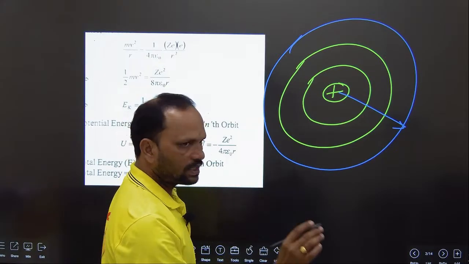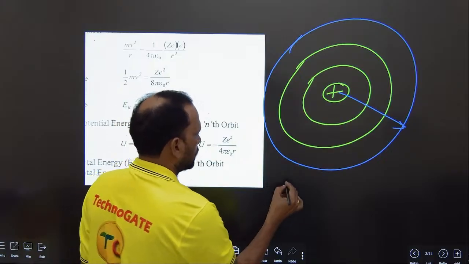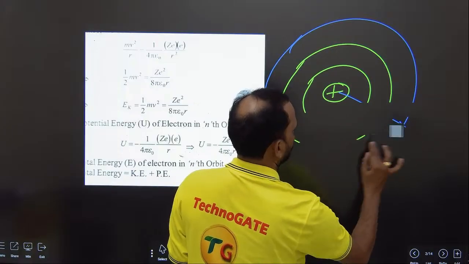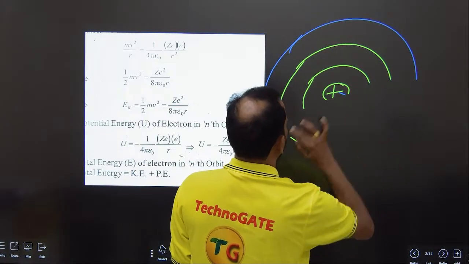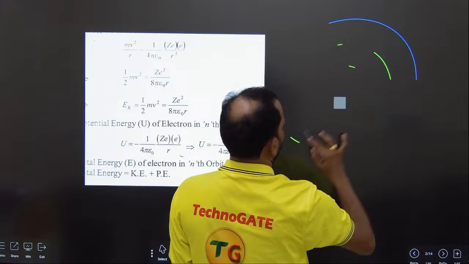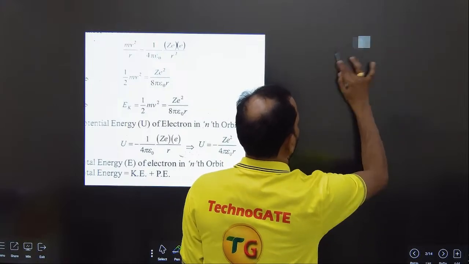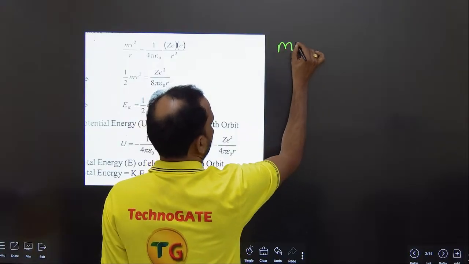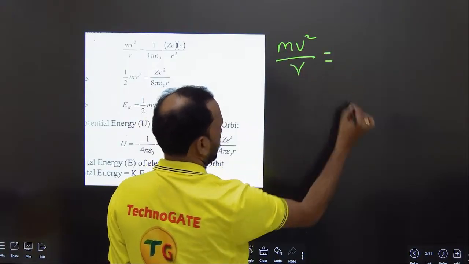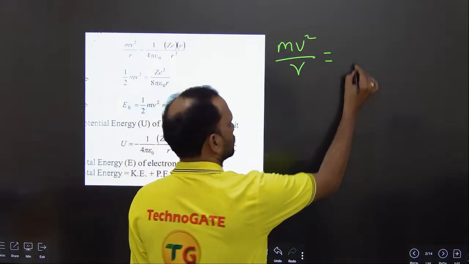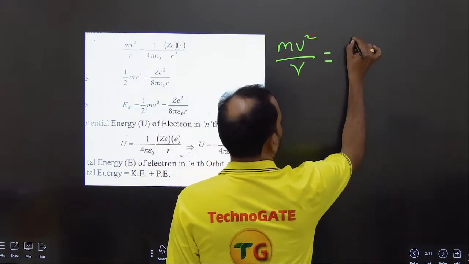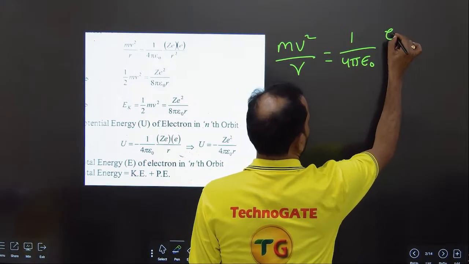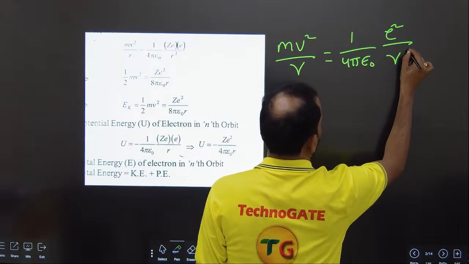Then what about potential energy? What is the equation for kinetic energy and potential energy? So kinetic energy: already we know that mv square by r is equal to 1 by 4 pi epsilon naught into e square by r square.